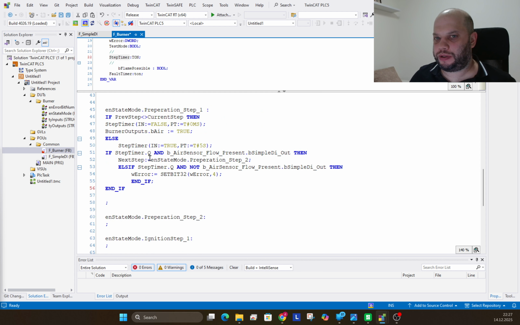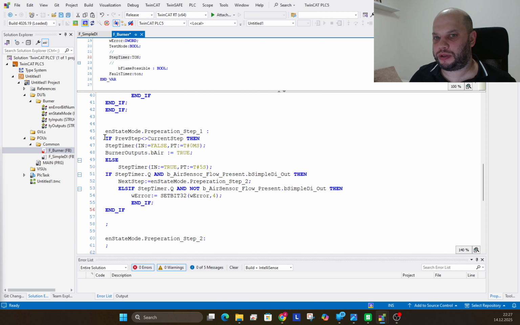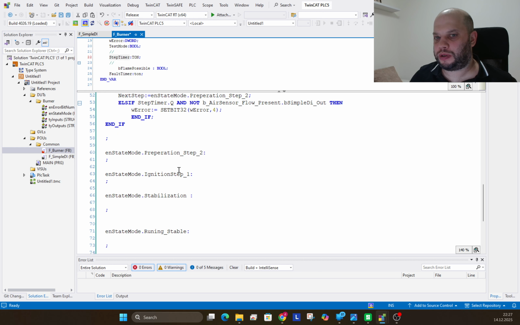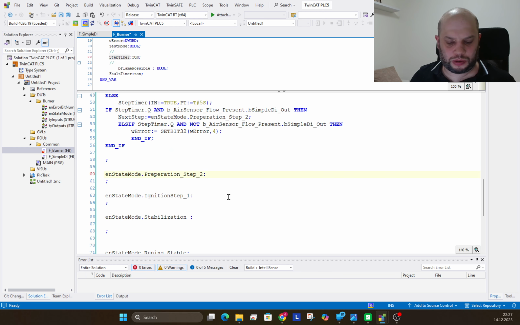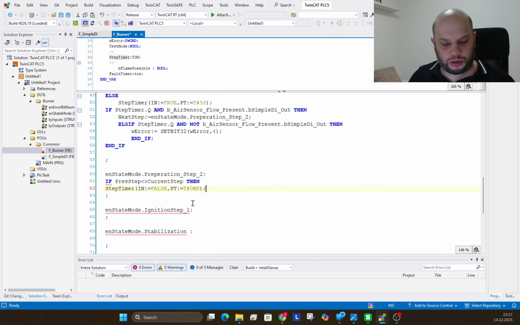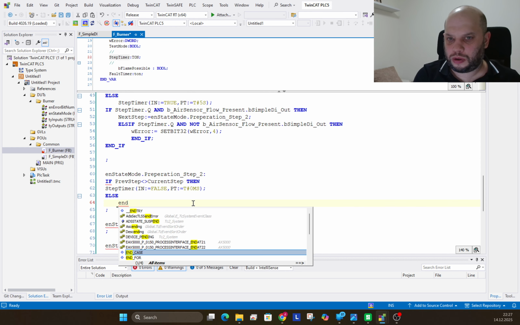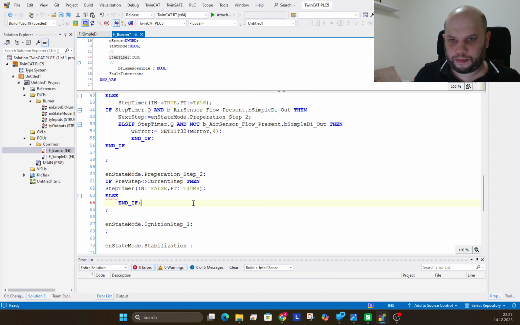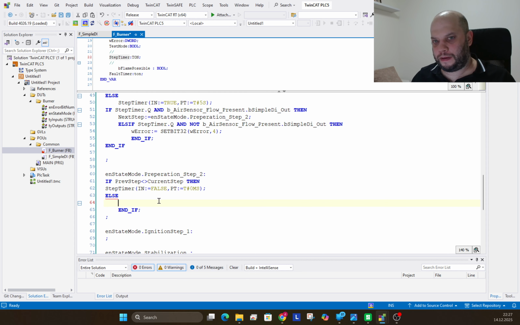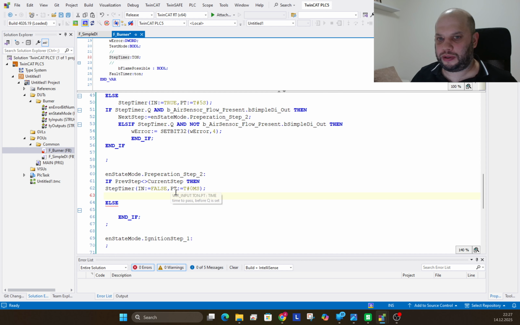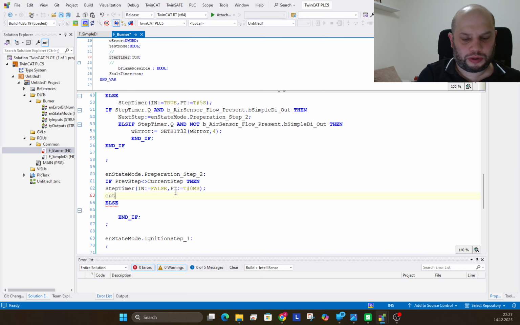So yeah, let's use the same structure. So in this step, I want to activate the burner igniter. Output.